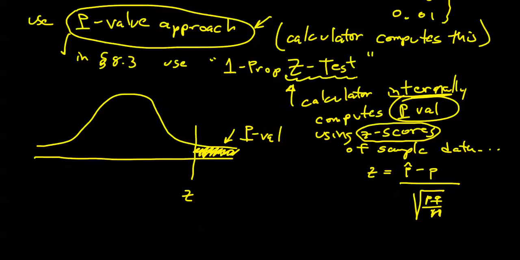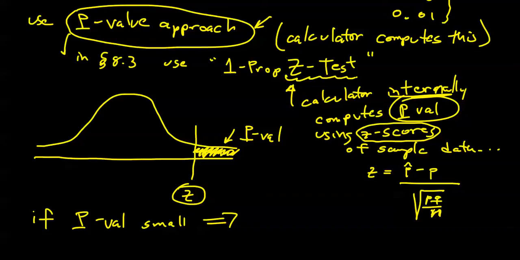If your p-value is small, that tends to infer that the z-score of your sample proportion is in extreme ranges.